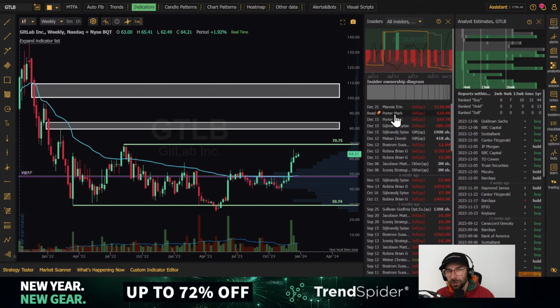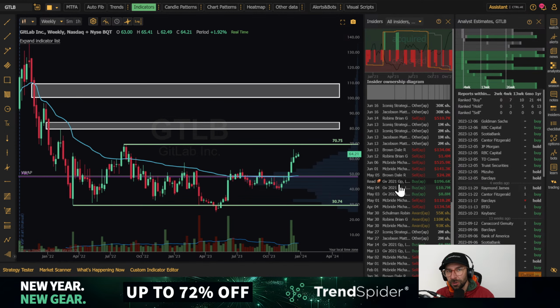Mark Porter sold a little bit, but these are all pretty small sells. Nothing huge. Looks like in November you had a bigger sell, 8 million. But no buying recently. The last buys that we saw were back in May, which they were buying at the low.